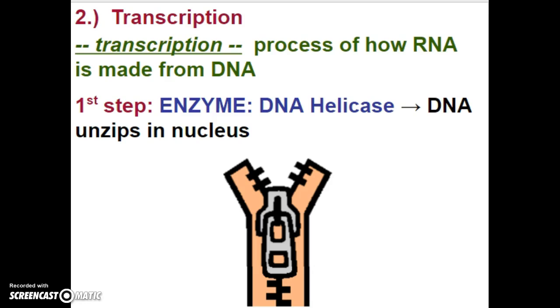The process of making RNA is called transcription. When you transcribe something, you're writing it down. So making RNA from DNA is very similar to, for example, writing in pencil and then writing the same thing in ink pen. It's pretty similar, but it's got that one little difference of pencil to ink.